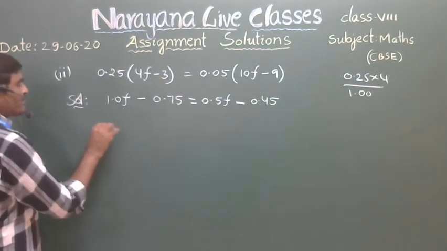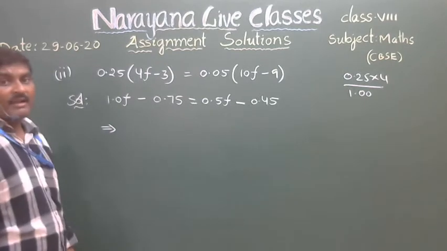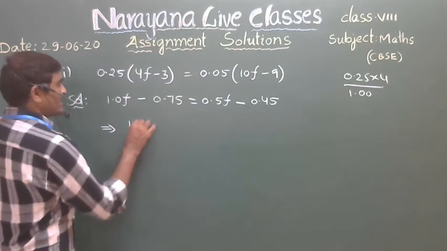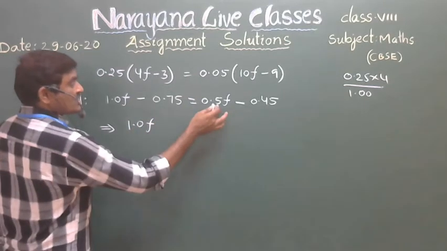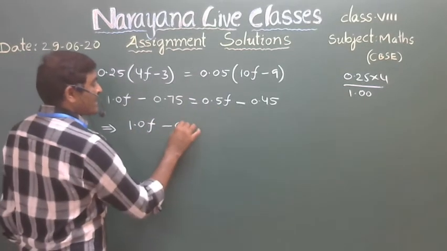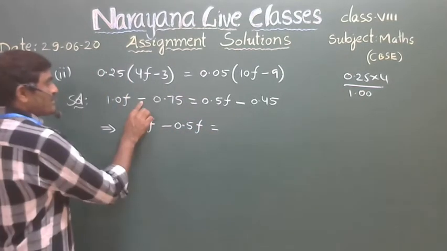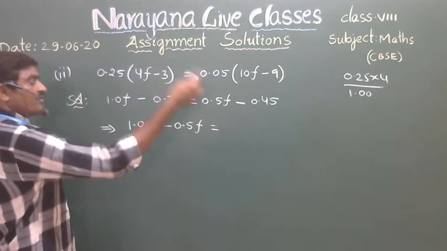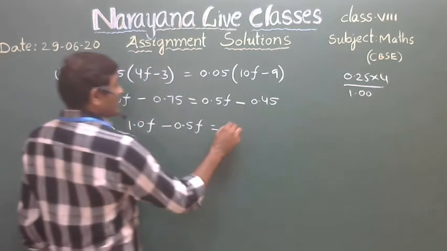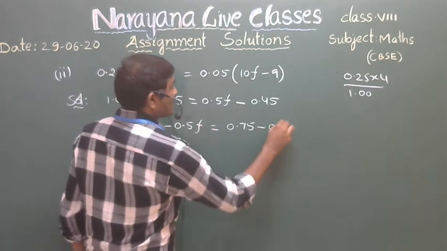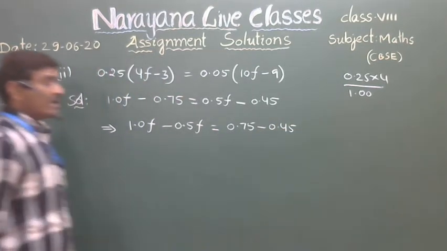Now all the variables will be transformed into one side and the constants will be transformed into the other side. 1.0f, this 0.5f will be transformed into the left side, we get minus 0.5f is equal to, this minus 0.75 will be transformed into the right side, we get plus 0.75 minus we have the 0.45 on the right side.